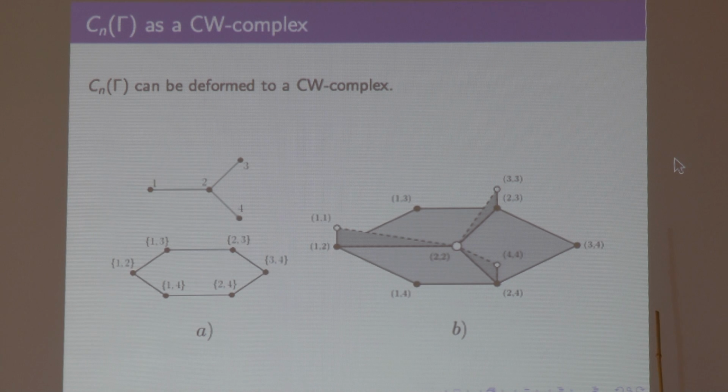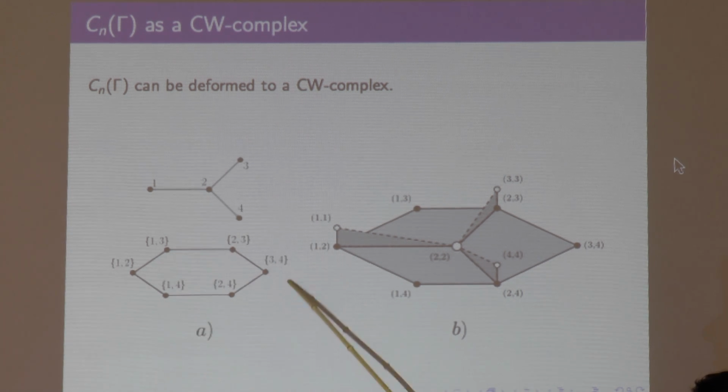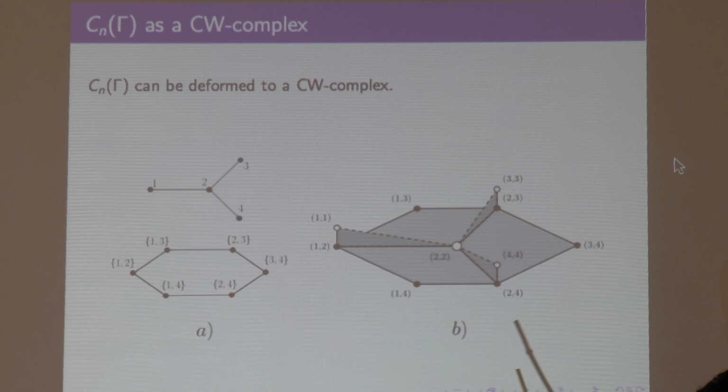In mathematical terms, we say that these things can be deformation retracted, or just deformed, to a simpler complex which has the same topological properties. And there is a prescription for how to do it. So from now on, by the configuration space of the graph gamma we mean this complex.